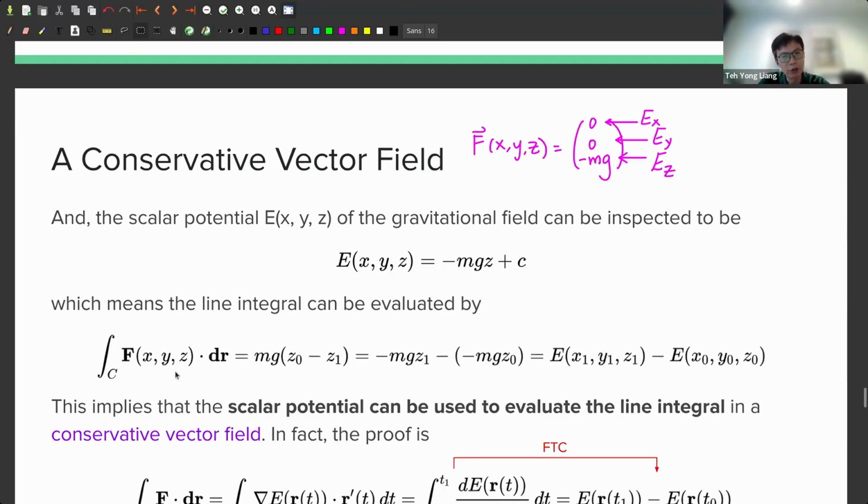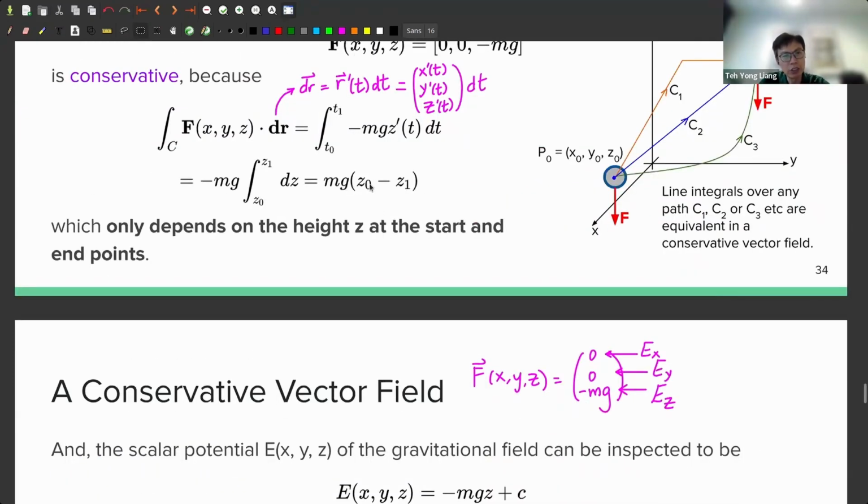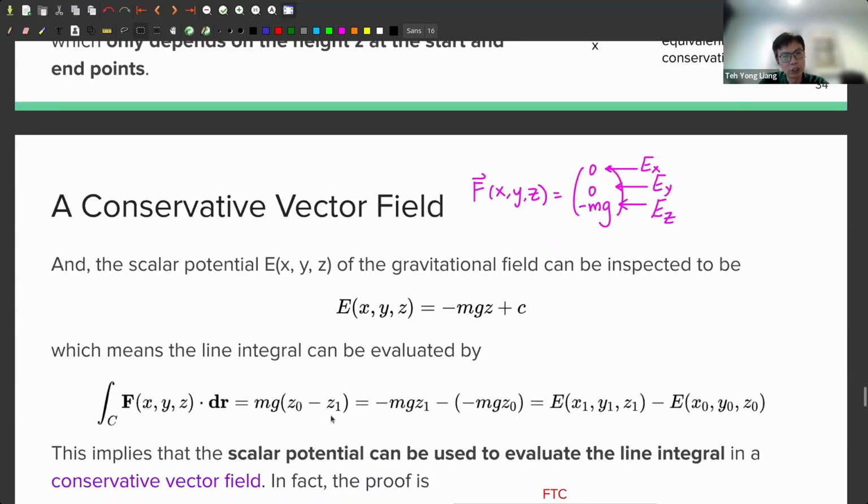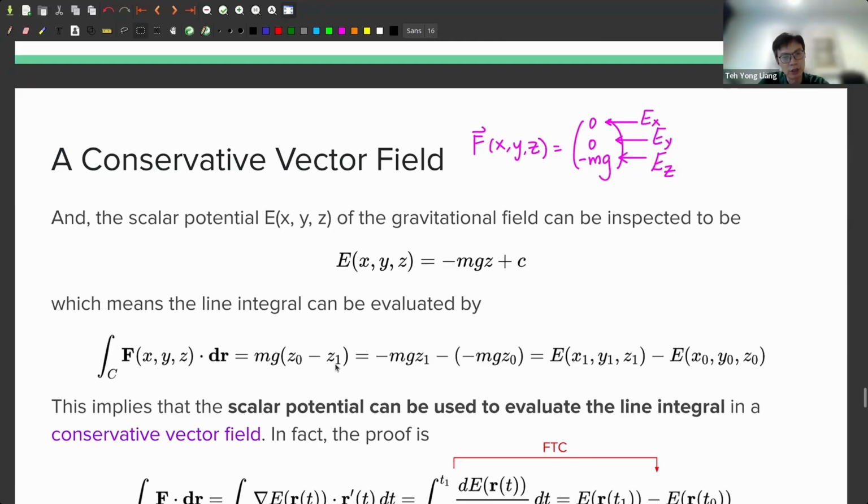You notice that just now our line integral is mg (z naught minus z1). If you expand it out, it is minus mg z1 minus (minus mg z naught). So you notice that this minus mg z1 is the scalar potential at (x1, y1, z1). That means you sub in z1 into z.